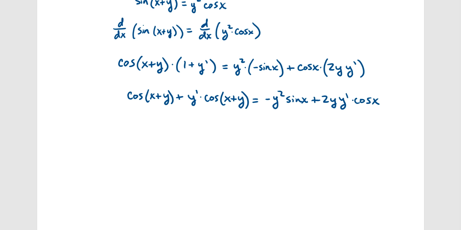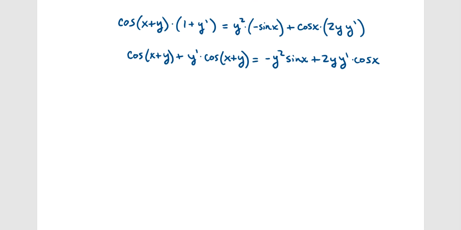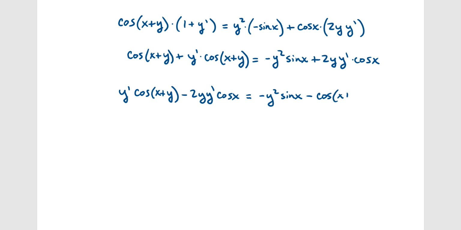And now we're going to do the same thing that we did previously. We're going to get everything with a y prime on the left, everything without a y prime on the right. So we subtract this term to the left, and we subtract this term to the right. It ends up being y prime cosine x plus y minus 2y y prime cosine x on the left, equals negative y squared sine x minus cosine x plus y on the right.